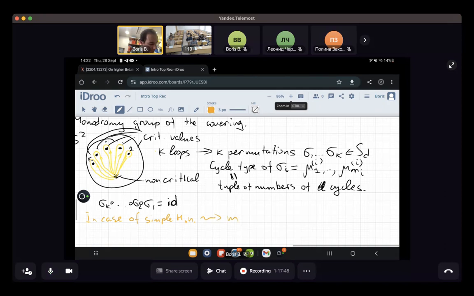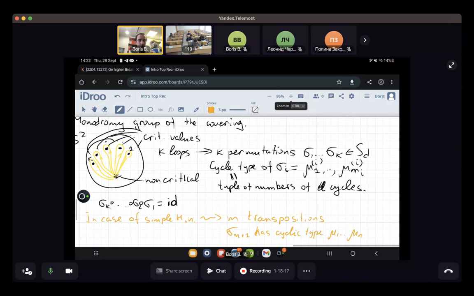M transpositions, and one permutation, say sigma m plus 1, with cyclic type mu 1, etc., mu n.